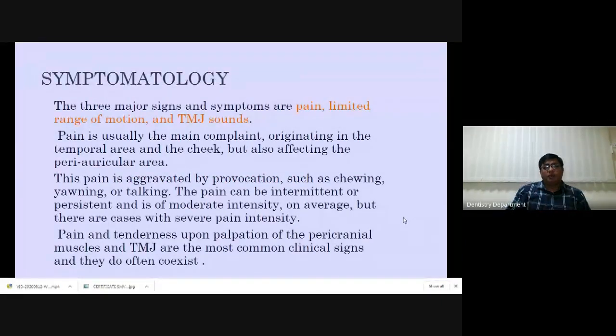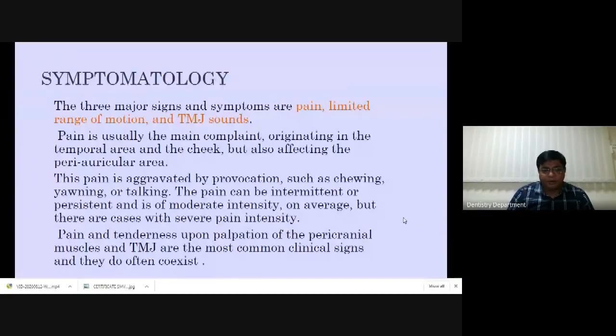What are the symptoms of TMD? The main symptoms are pain, limited range of motion, and TMJ sounds. Pain is the important symptom. Limited range of motion means restricted mouth opening, and sounds are clicking, crepitus, etc. The pain is aggravated by provocations such as chewing, yawning, or talking.